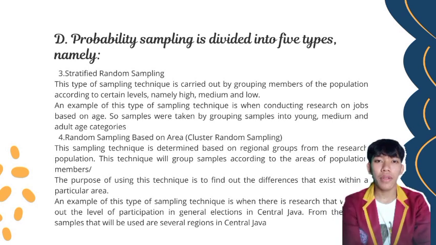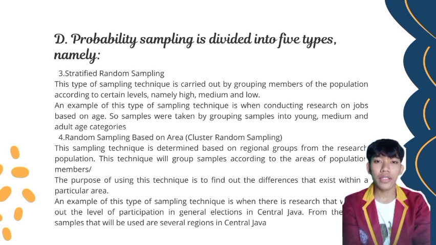4. Random sampling based on area: cluster random sampling. This sampling technique is determined based on regional groups from the population. This technique will group samples according to the areas of population members, and the purpose of using this technique is to find out the differences that exist within a particular area.